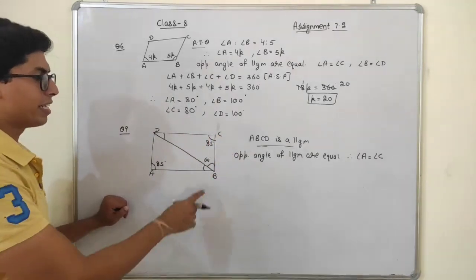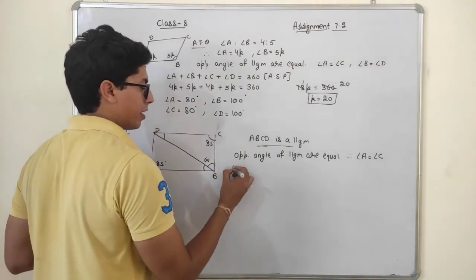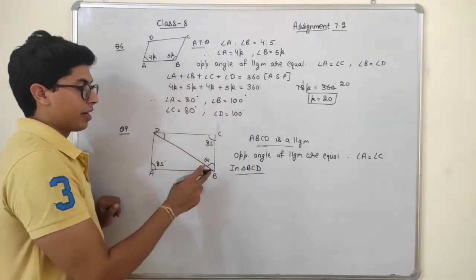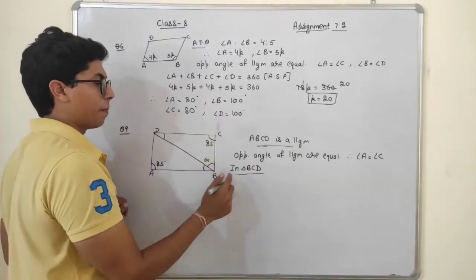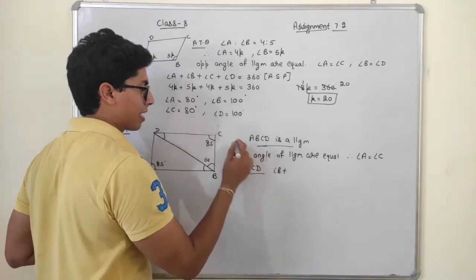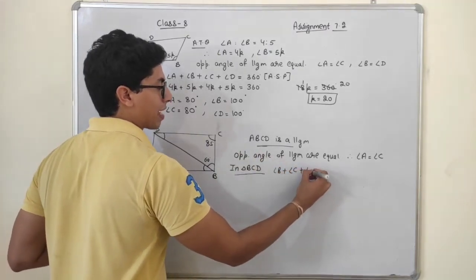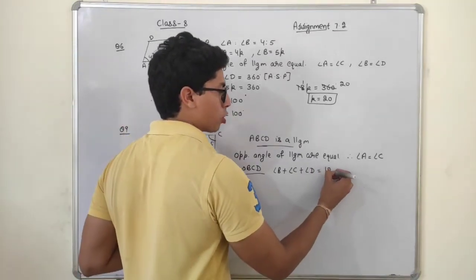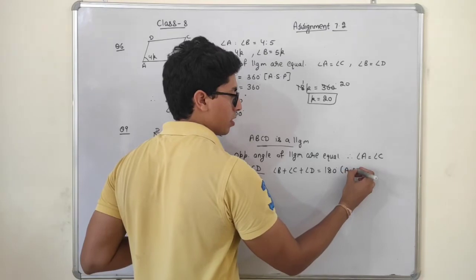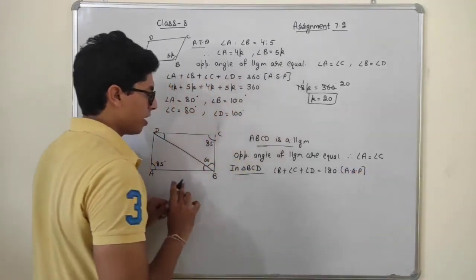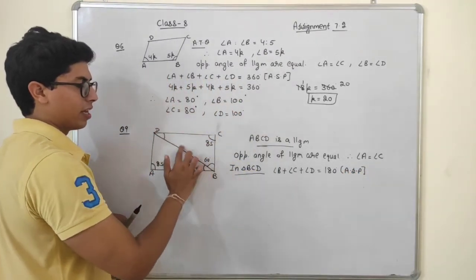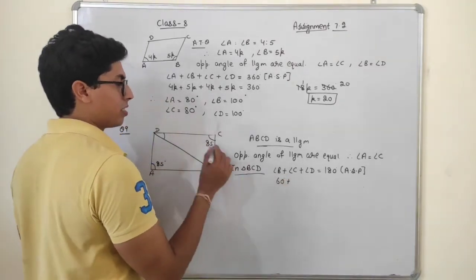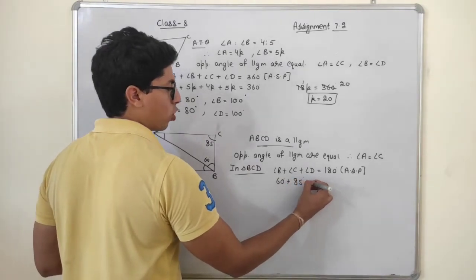Okay. Now, students, I can take triangle BCD. In triangle BCD, see, angle B plus angle C plus angle D. The sum of the angles of a triangle will be 180 degrees because of the angle sum property of a triangle. Just forget this, students. Just see this triangle. Angle B is 60 degrees, C is 85 degrees, and D I don't know, students.